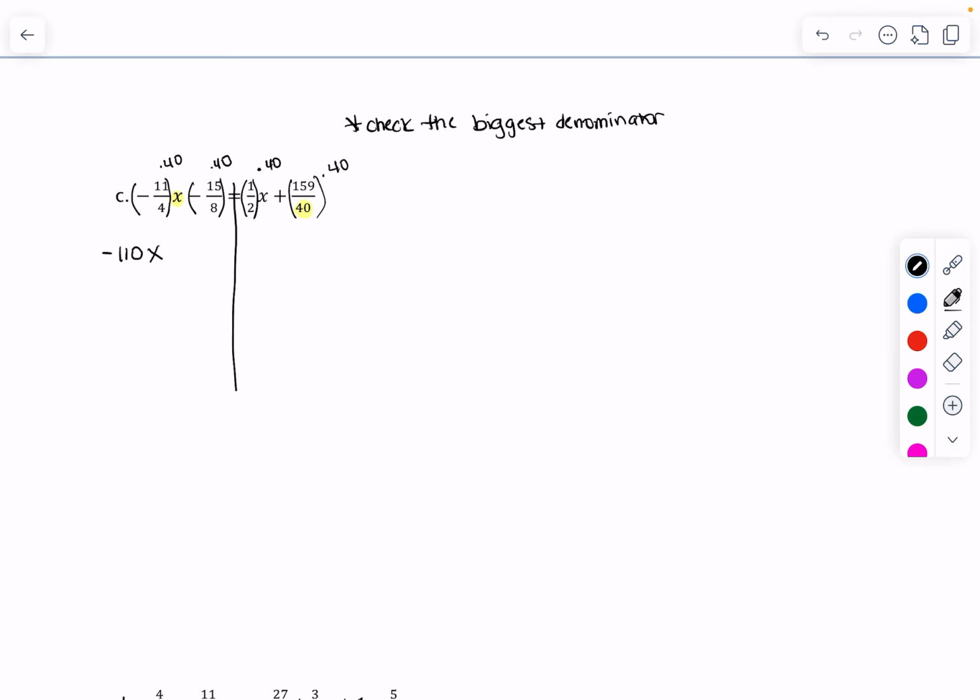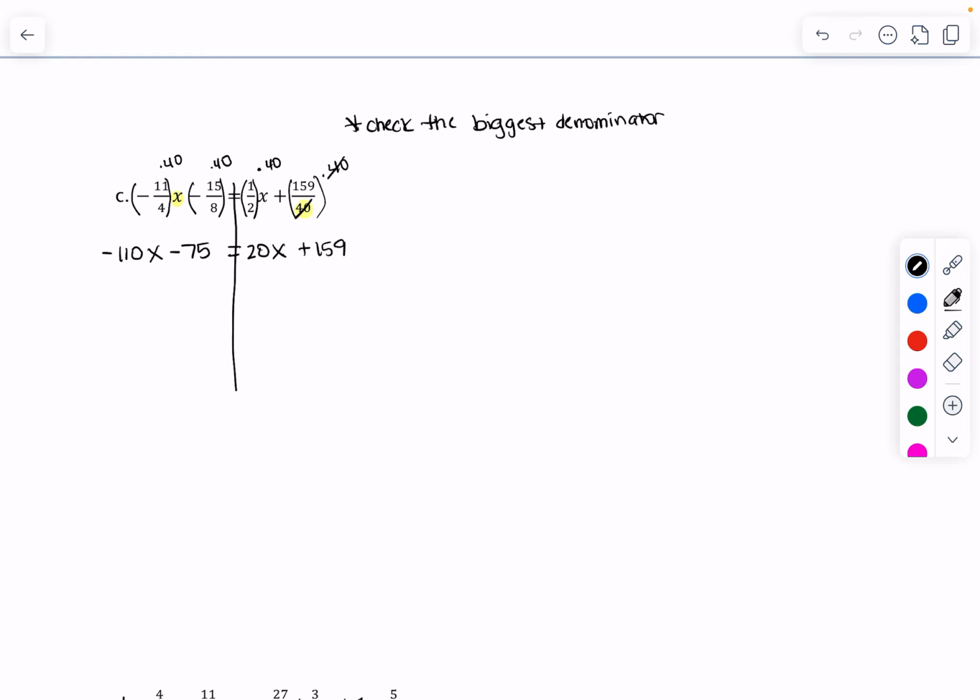Now, I'm not going to show you all of these in the calculator because the video would take much too long, but trust me, negative 15 over 8 times 40 is going to give you negative 75. 1/2 times 40 on the other side is going to give me 20x, and then 159 over 40, these 40s cancel out like we talked about in the other learning target, and I just get plus 159.